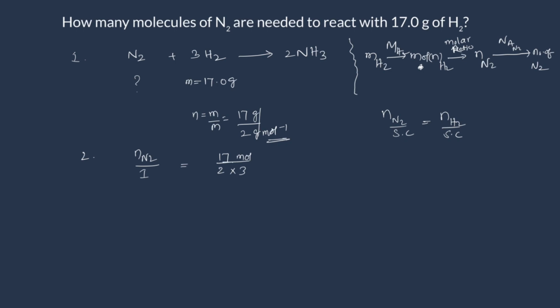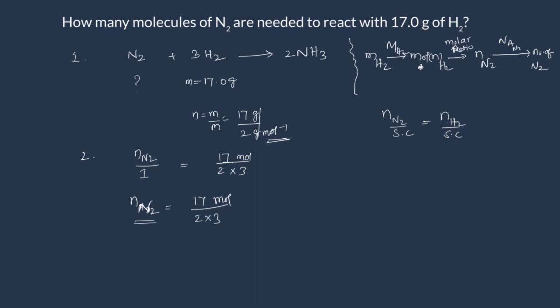Then number of moles of nitrogen is equal to 17 by 2 into 3, that is 6. Otherwise you can do 2 into 3 also, no problem, in the mole. So now we got the moles of nitrogen.